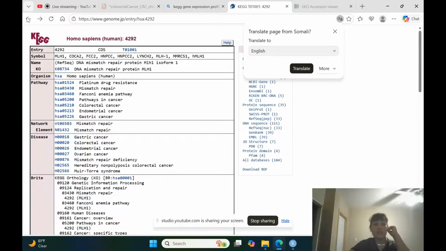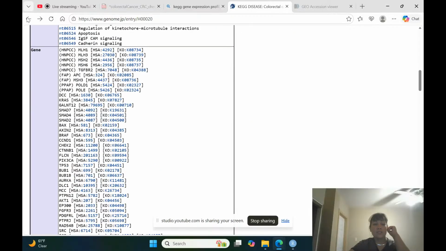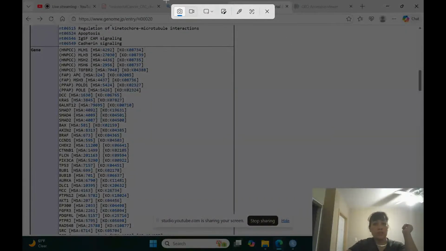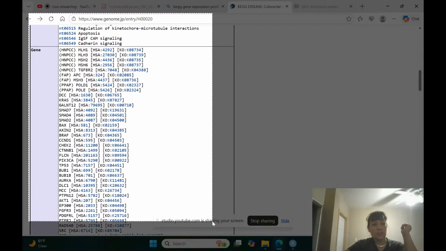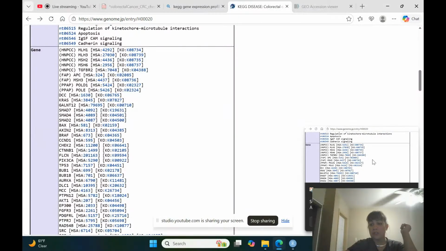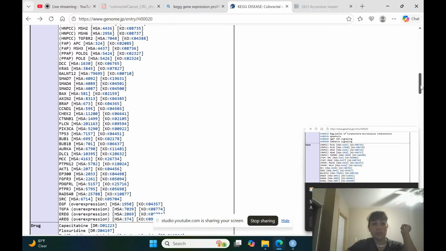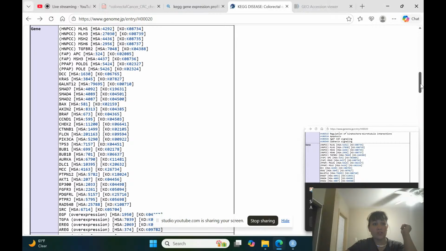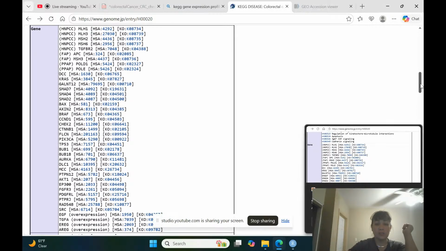We're going to go ahead and take these genes. We're just going to take a picture of it. We're not going to use all these genes. Oh, wait. Actually, we should try to use as many as we can. All right, here they are.